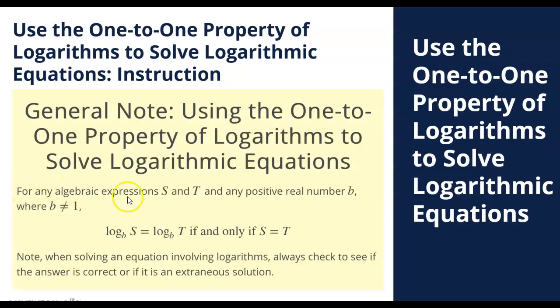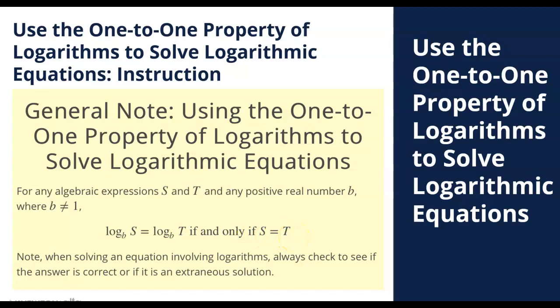So for any algebraic expressions s and t, and any positive real number b, where b is greater than 1, log of s base b is equal to log of t base b if and only if s is equal to t.